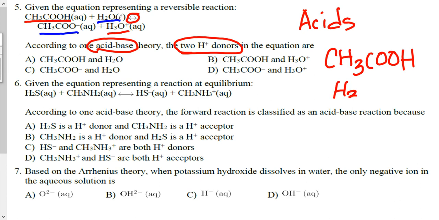So now H3O plus can donate an H plus proton and therefore it is also going to be considered an acid. So we have two acids. One of them is acetic acid, CH3COOH, and the other one is hydronium ion, which is H3O plus. So both of them are acids and both of them can donate H plus ion.